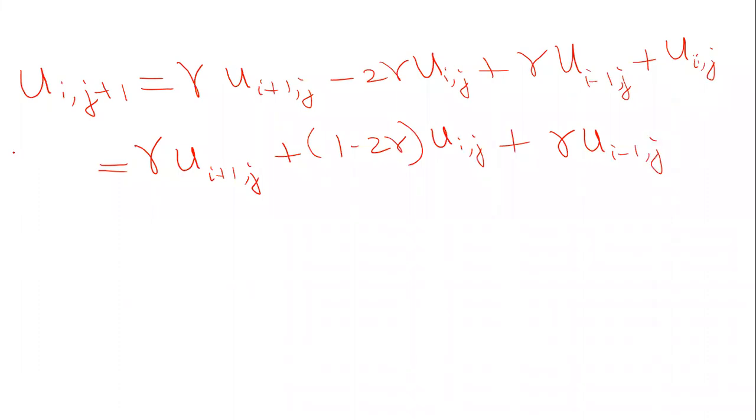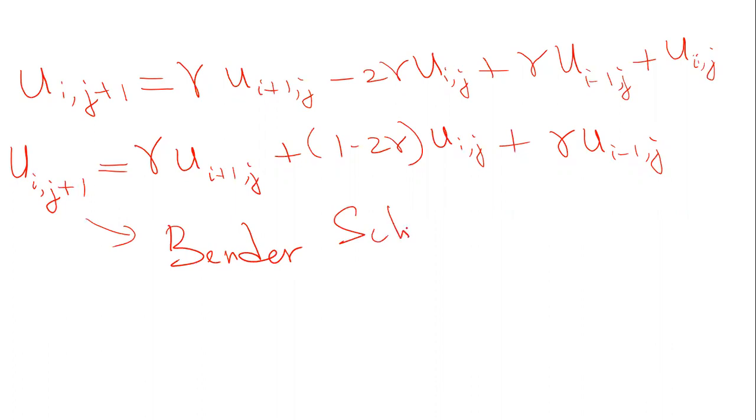This formula, which gives you the u i, j plus 1 value, is called Bender-Smith's formula. We are going to use this formula, which we obtained from the finite difference approach, to solve the partial differential equation, that is the 1D heat equation.